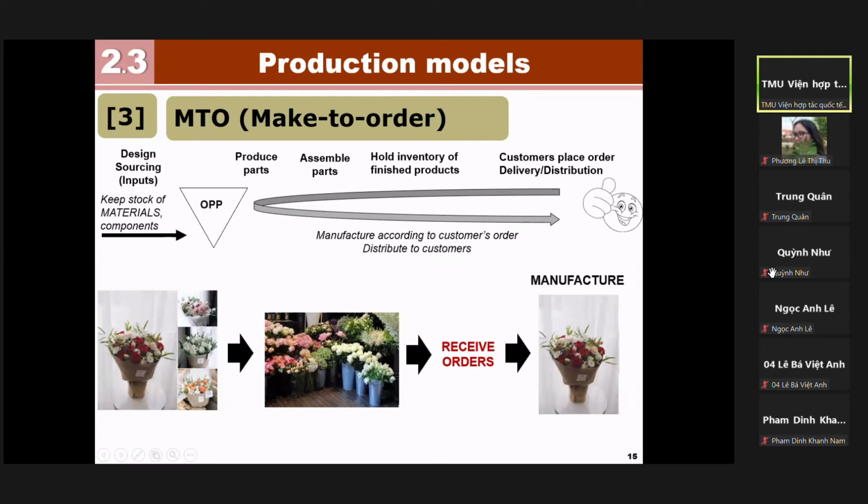I see that you have yellow roses, so I would like to change the red roses into yellow roses. And of course, because the shop hasn't made the finished product yet, they can easily adjust or customize the products in the process of producing the flowers according to the order of the customer.